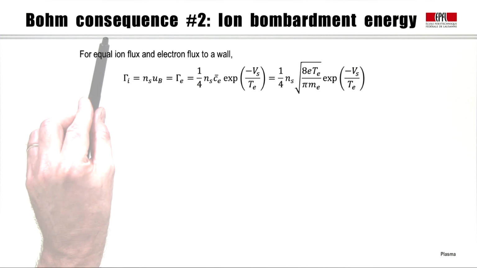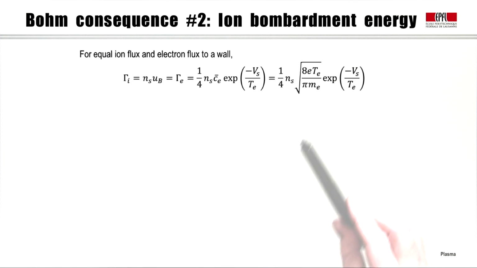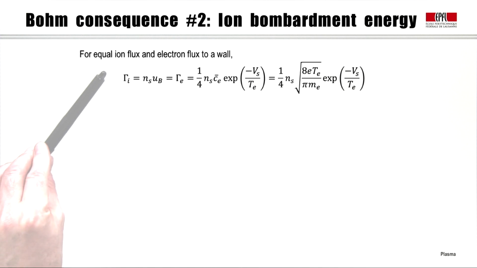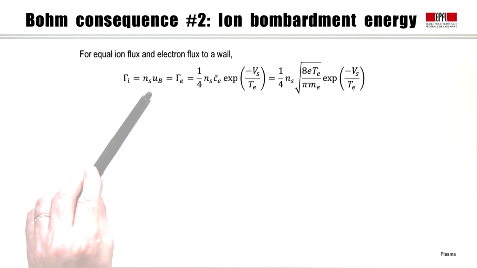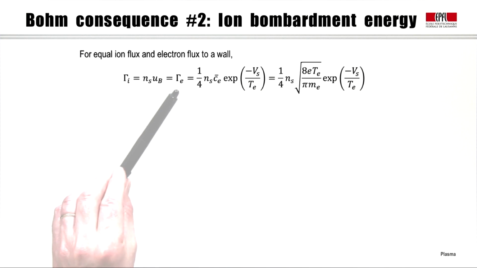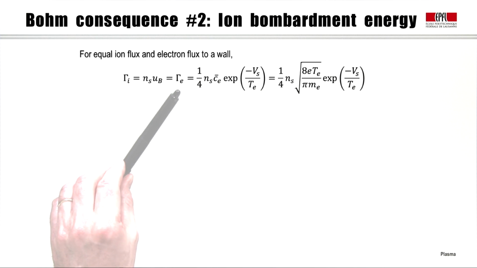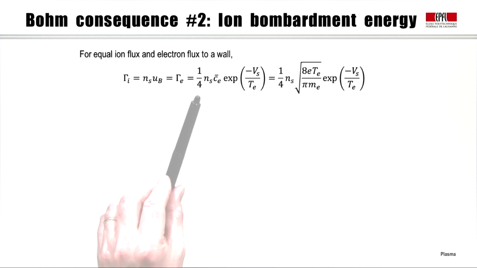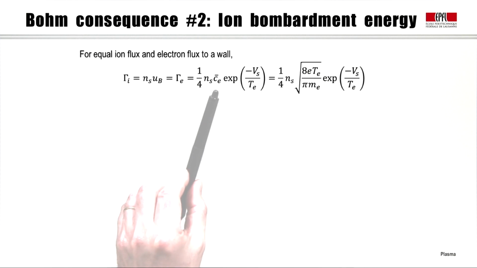A second consequence of Bohm's criterion is that we can calculate the ion bombardment energy. For equal fluxes to the wall, the ion flux can be equated to the electron flux, and the electron flux is given by the kinetic expression, which is a quarter times the electron density times the electron thermal speed.